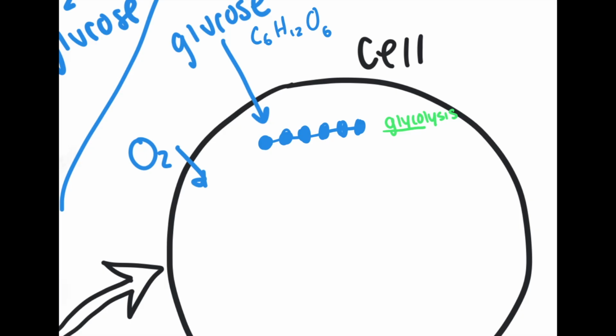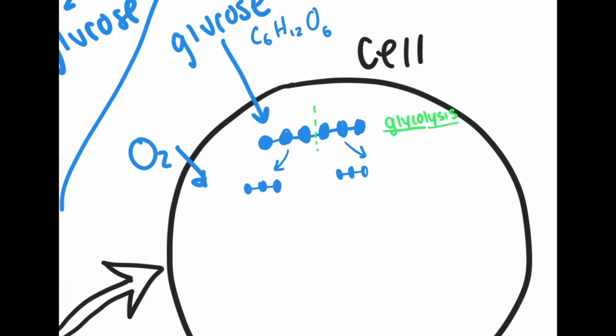Glyco for glucose and lysis for breaking. So what happens is we actually take this molecule and it gets broken in half. Glycolysis, glucose breaking. I'm cutting out a lot of important stuff, but this is the main gist of it.